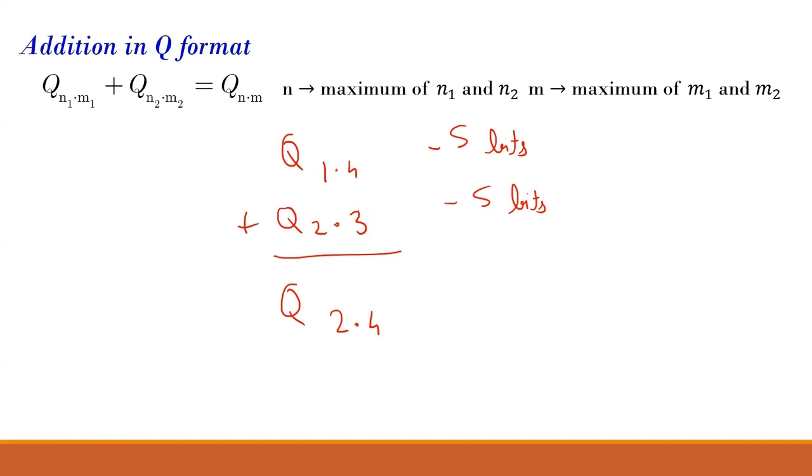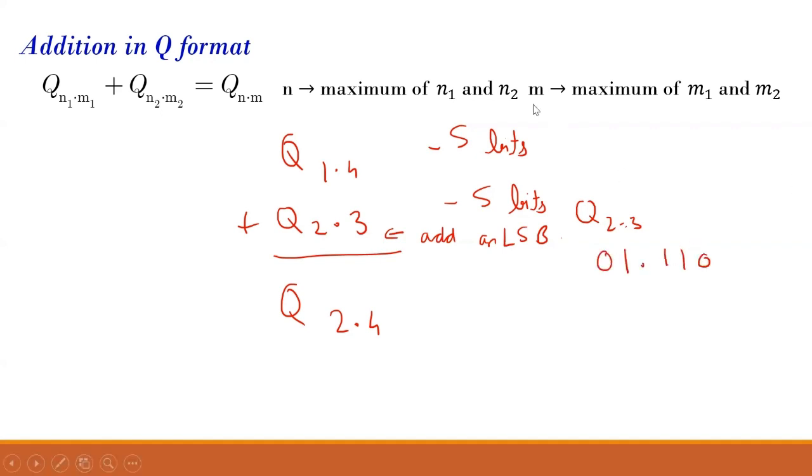When you do this, what you first have to do is convert this Q1.4 into Q2.4. Let me go with the easier example. Let us say Q2.3, we have to convert it to Q2.4. So we must add an LSB here. Suppose Q2.3 was some number, let us say 01.110.